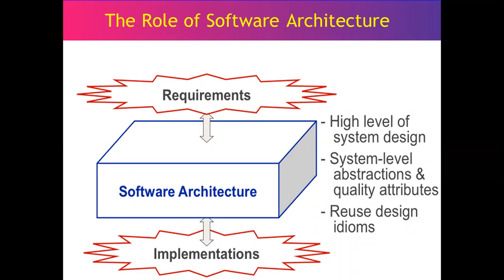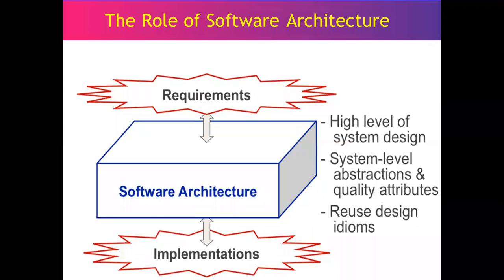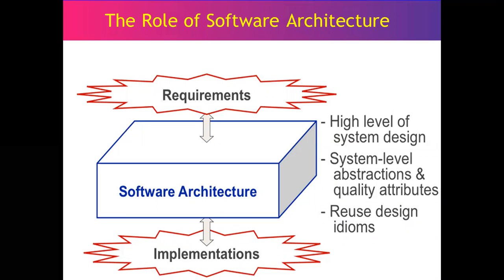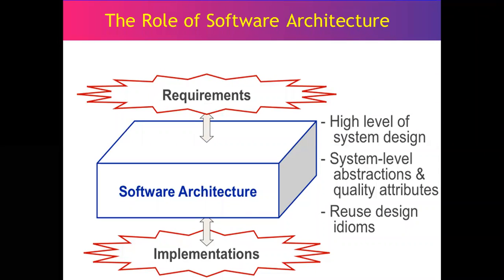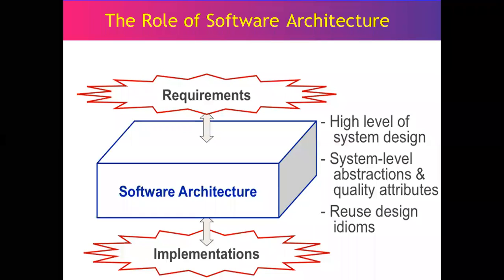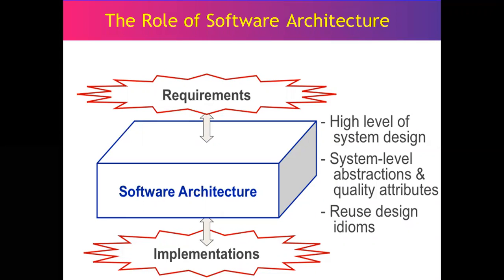The role of software architecture here is to bridge the gap between requirements and implementation. Whenever the user comes with requirements, the software architecture, which consists of system level design, abstractions, attributes, SDLCs and STLCs, is used to implement those requirements so that we can get a quality product. That is the role of software architecture.